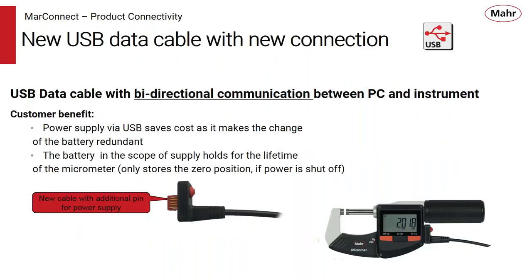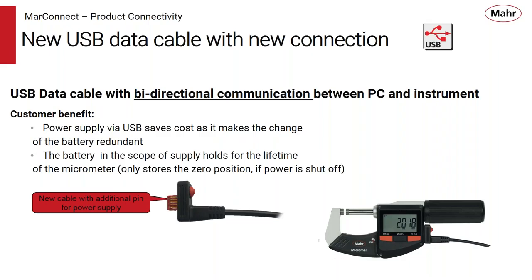So that two-way communication on the micrometers is done both wirelessly and it's done with our USB cable. So we're getting two-way communication, but there's also the other benefit of the USB port powering the micrometer through the USB cable.